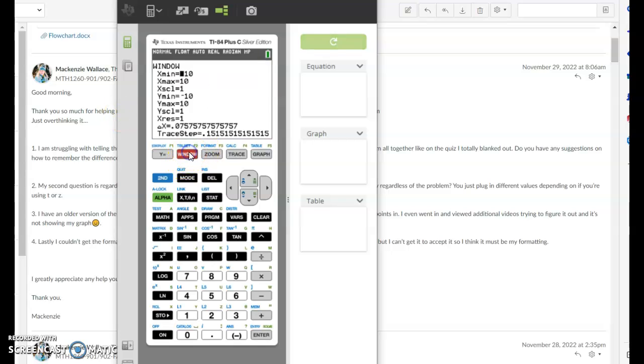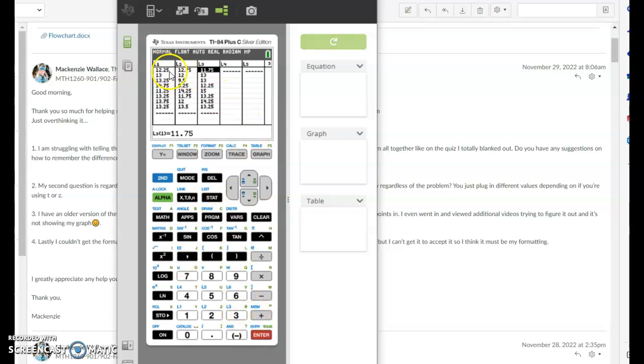One thing is you could go to the window, and this tells you your x-min, x-max that shows up on the screen, and the y-min and y-max, and you can change those numbers accordingly. So I don't remember what numbers I had in here, so let me go look here. We had from 12-ish to 13-ish. So I like to start at 0.